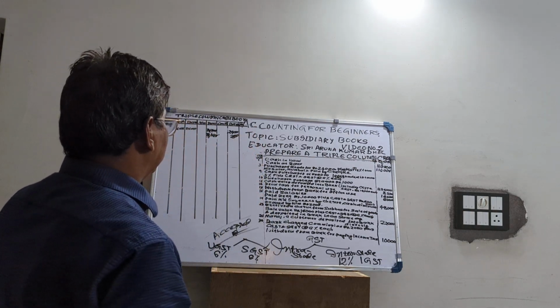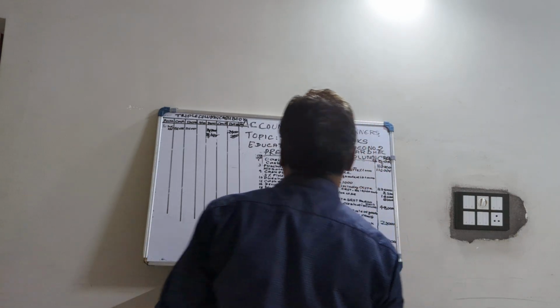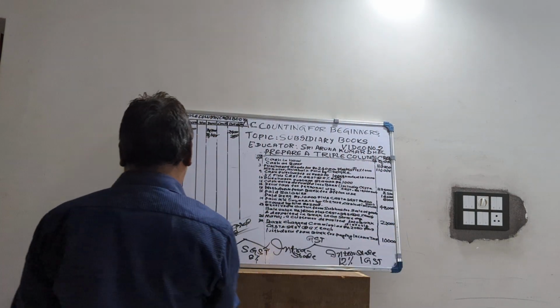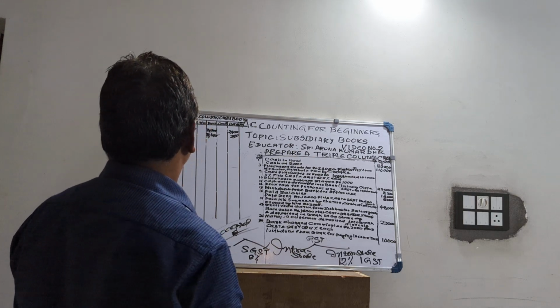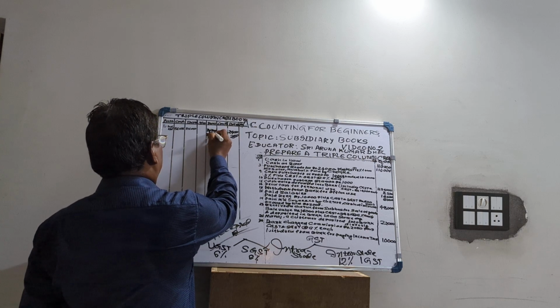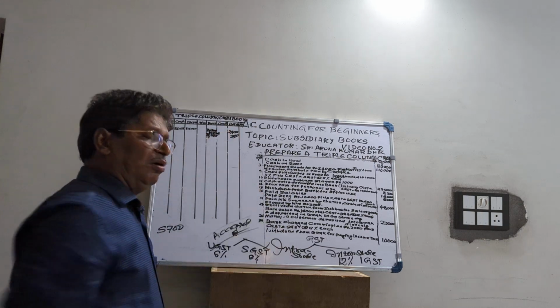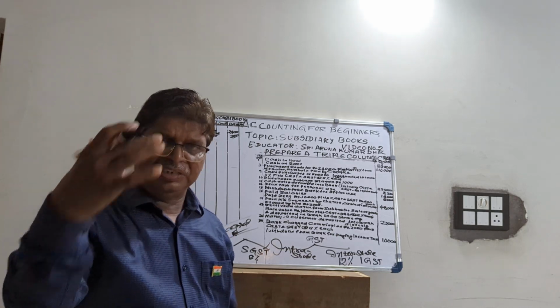2,880. Then cash purchases of 6,000 less trade discount 5%. 5% of 6,000 is 300. So the amount is 5,700 on the purchase. This is known as input IGST. That you have to remember. Suppose you are purchasing goods and paying GST.